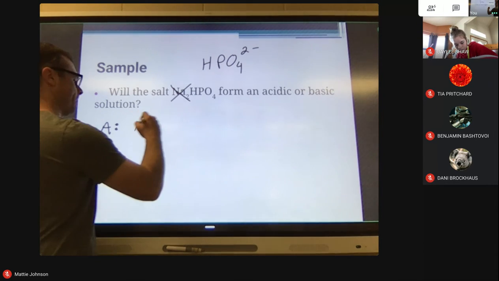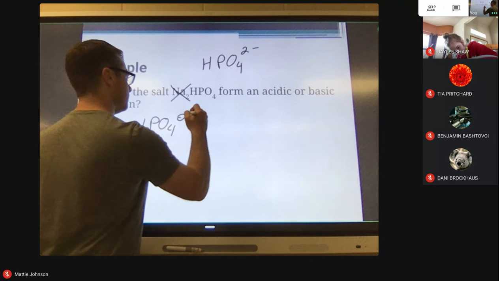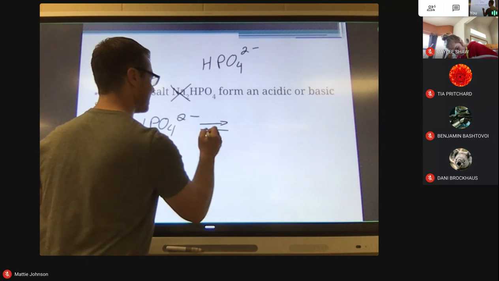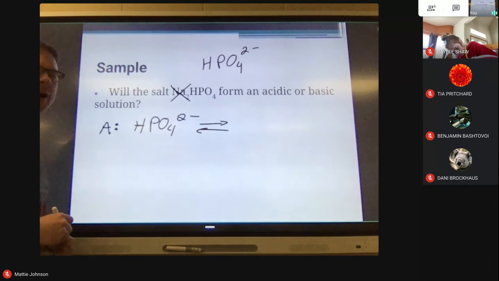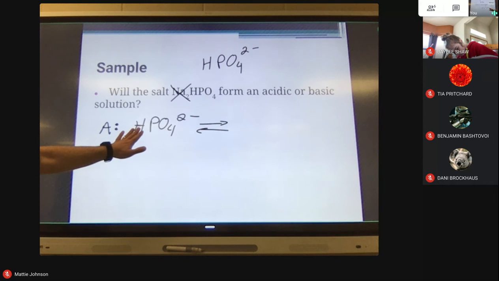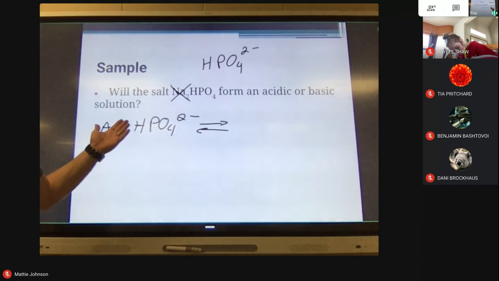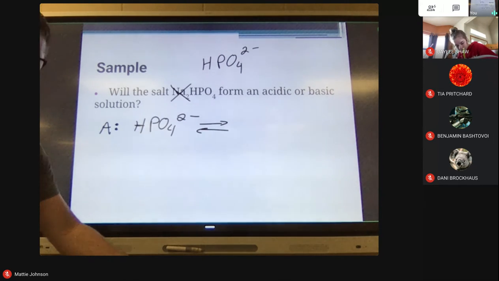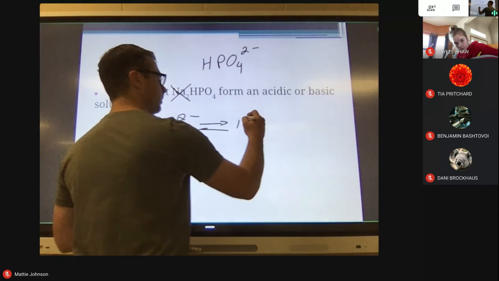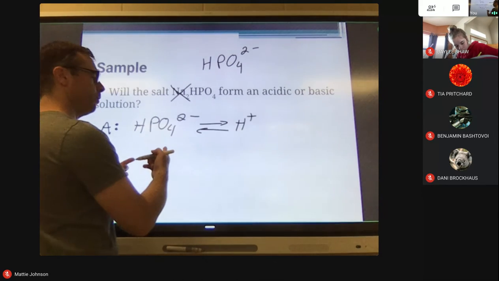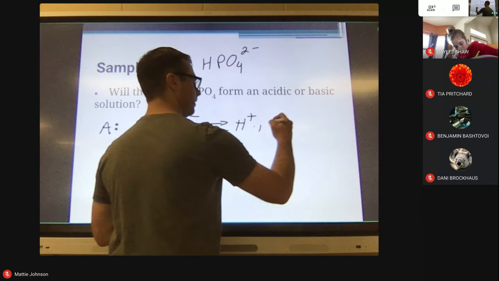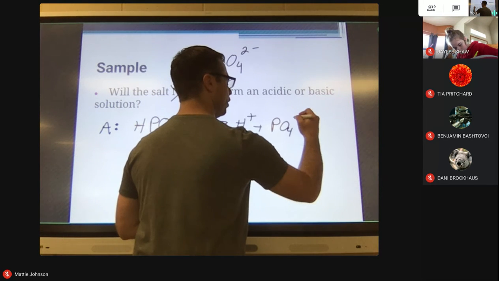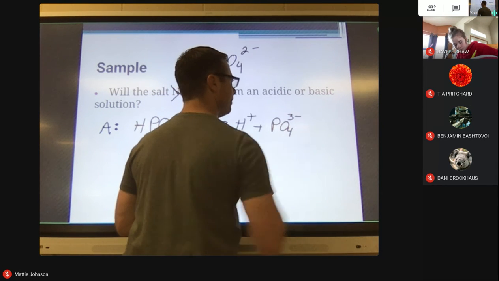So if this was an acid, that means that this H, and you could write this with water or without water. You can make H3O plus or just make H plus. We're going to go the easier route here. This would make H plus, and it would make PO4 3 minus.